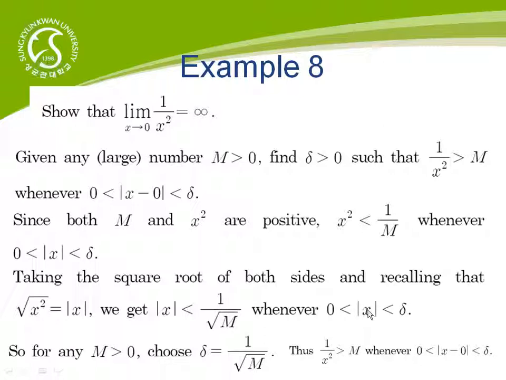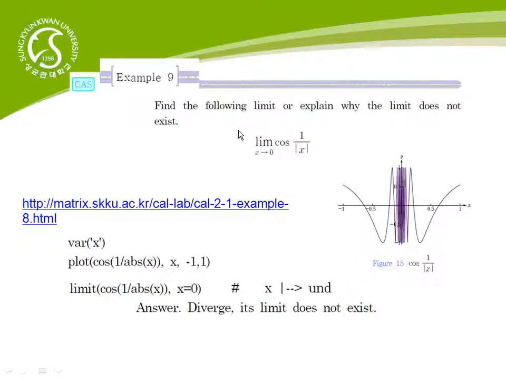So from this computation, for any positive number m, if we choose delta equal to 1 over the square root of m, then 1 over x squared is always bigger than m whenever the absolute value of x minus 0 is between 0 and delta. That's what it says.